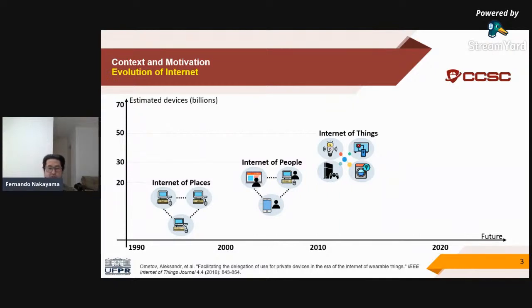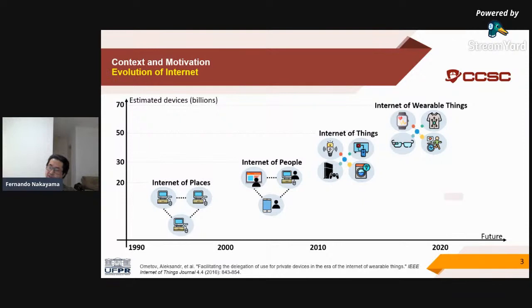However, the integration of the humans realm and the machines realm go beyond. The next evolution comprises the Internet of the wearable things. Wearable devices are small devices that are worn by humans, and they promote several new opportunities.